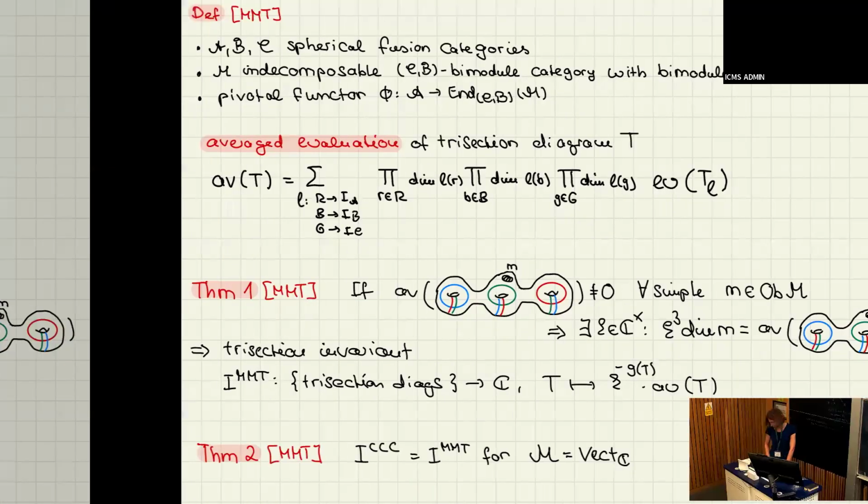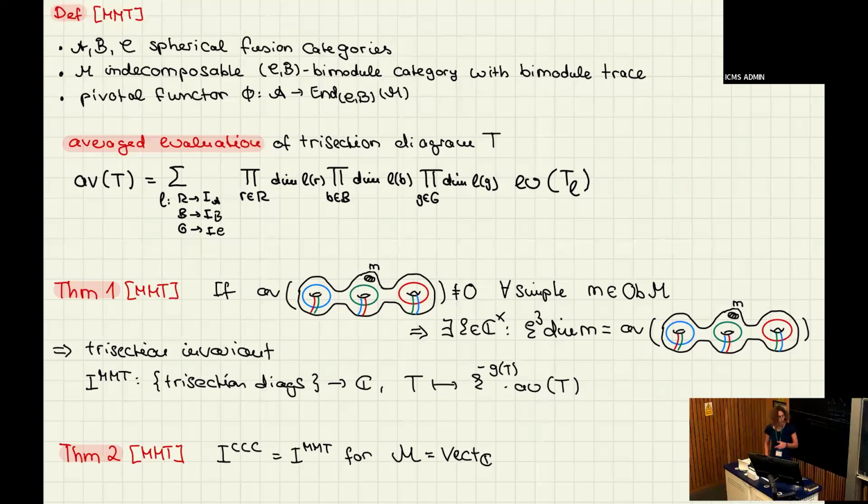Okay. So how is it related to the trisection invariants in the Hopf algebraic version? The statement is these Hopf algebraic trisection invariants from CCC are the same as our trisection invariants in the case where this bimodule category is just the category of finite dimensional vector spaces. And this goes in both directions. The claim is that if we have a Hopf triplet, or the assumptions and the data needed for CCC, then we can build from this data bimodule categories and the required spherical fusion categories.